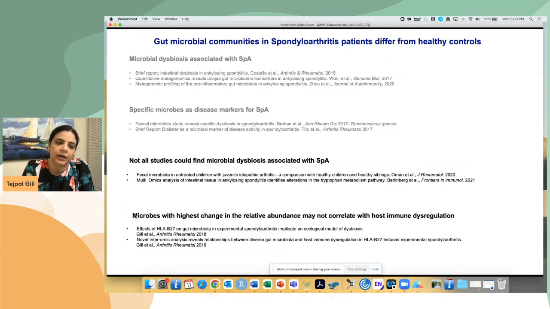In addition, research from our group on HLA-B27 transgenic rats has also shown that microbes which may have the highest changes in relative abundance may not correlate with host immune dysregulation and therefore may not be drivers of the disease, and could actually be changing in response to the gut inflammation.